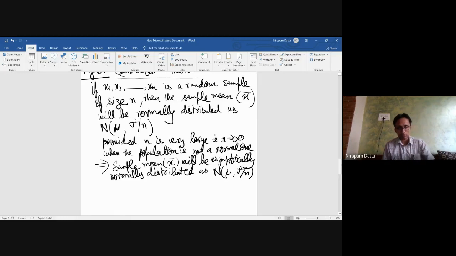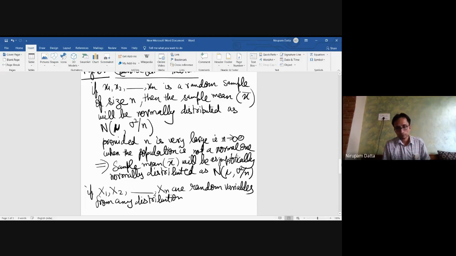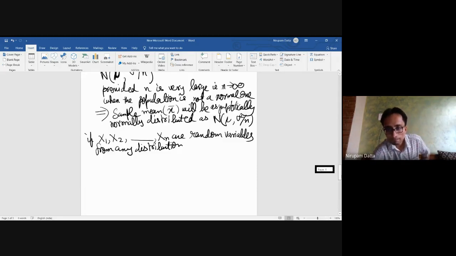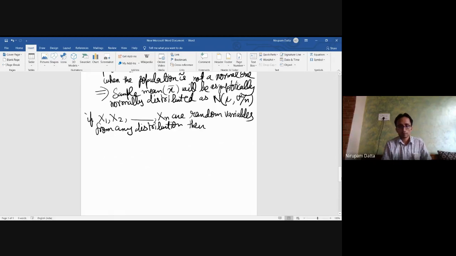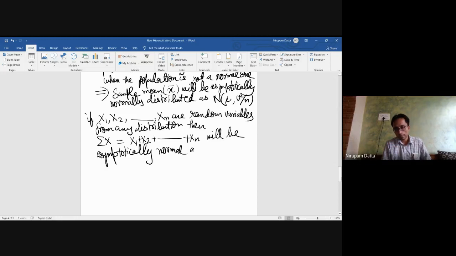So what is the actual theorem? The actual theorem is this: if x1, x2 to xn are random variables from any distribution, then the summation of all these random variables, that is x1 plus x2 till xn, will be asymptotically normal as n tends to infinity.